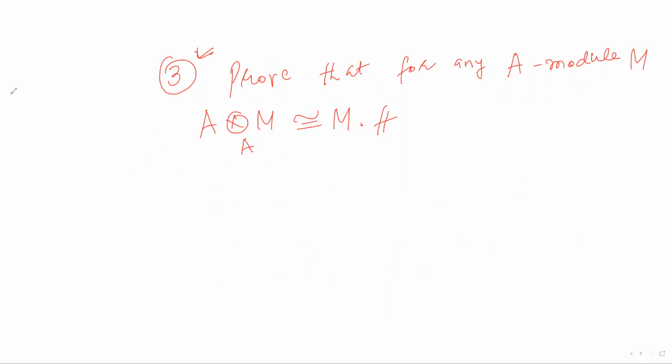Now we go on and verify some more properties of the tensor products. First among these is that the tensor product of any two modules is commutative up to isomorphism. So you have this proposition.